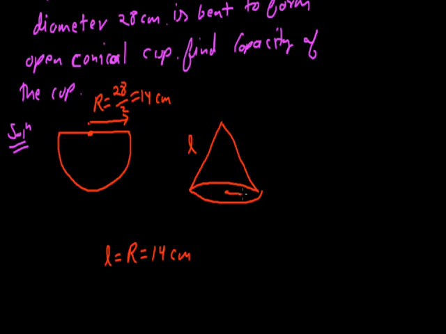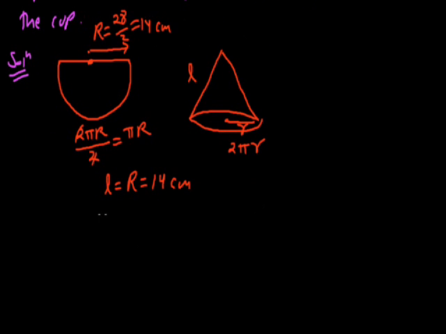Let's say the radius is r, so the circumference of the base of the cone is 2 pi r, which should be equal to the length of this part, that is half of the circumference of a circle with radius R. So it is equal to 2 pi capital R divided by 2, because it is a semicircle. So 2 and 2 get cancelled, that is equal to pi R. So we can say that pi capital R is equal to 2 pi small r.